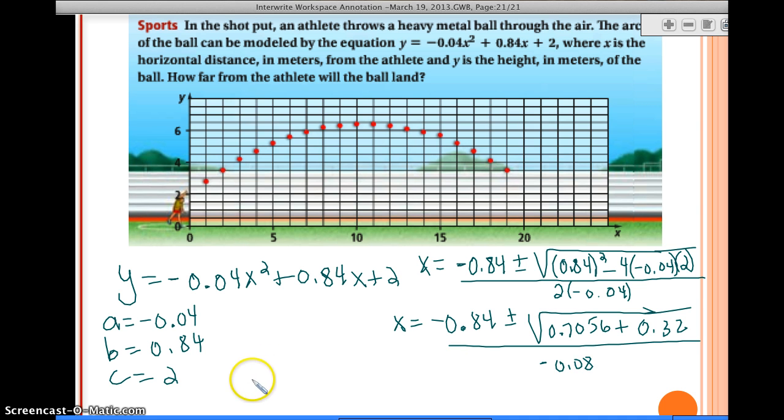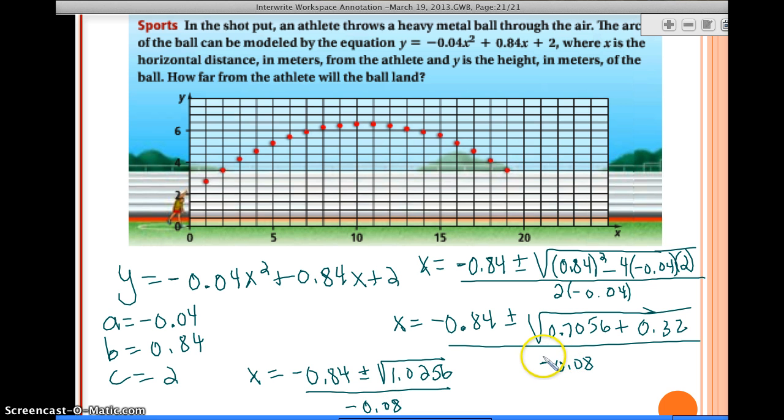So I'm going to bring my work way over here because I'm going to run out of space. We have negative 0.84 plus or minus the square root of 0.7056 plus 0.32. That gives us 1.0256, all divided by negative 0.08.